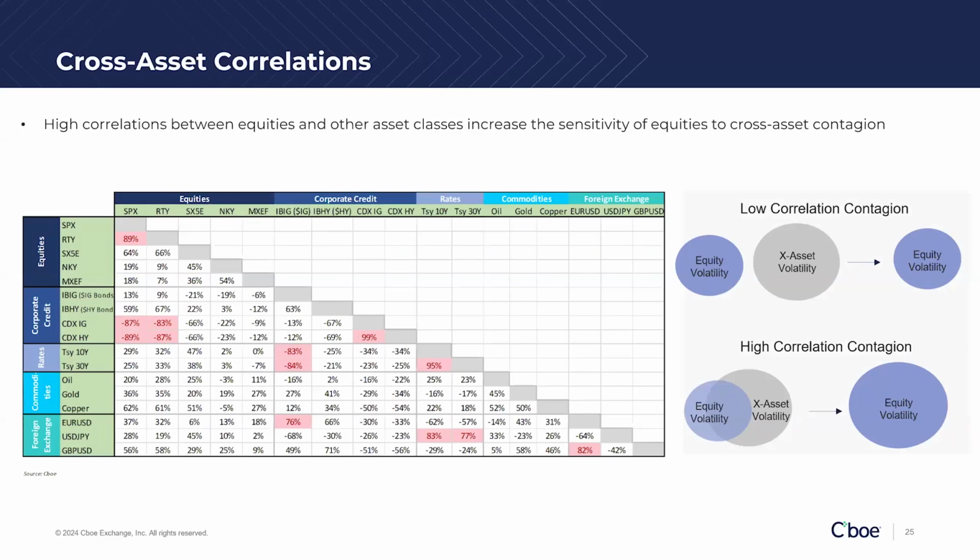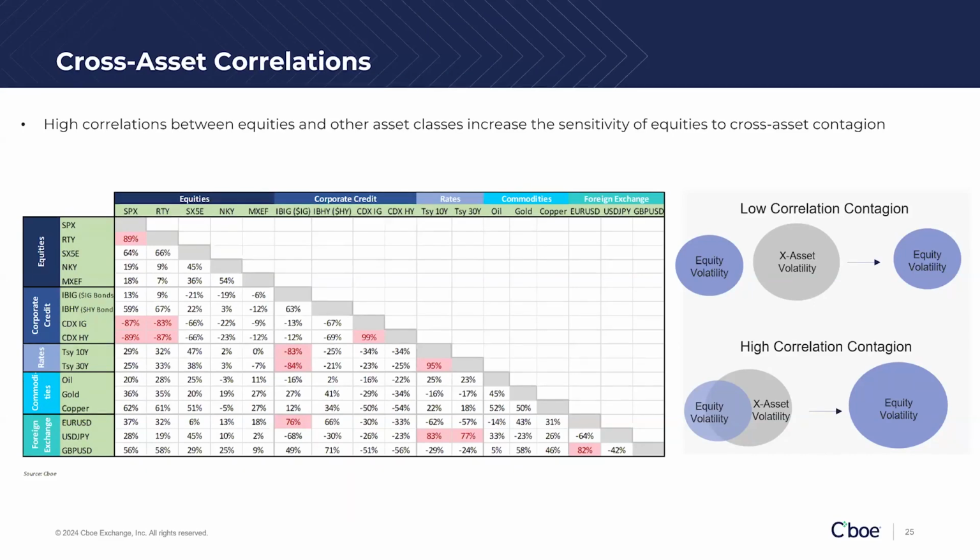So one thing that oftentimes we track is the contagion effects from other asset classes onto equities. And the reason why we do that is because if you consider the last 25 years, the times in which the equity markets had the largest drawdowns were basically in response to risks from other asset classes.